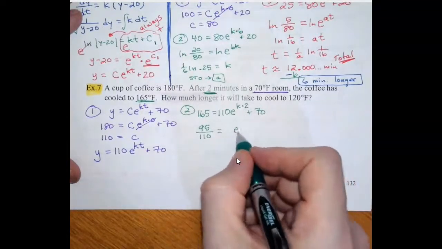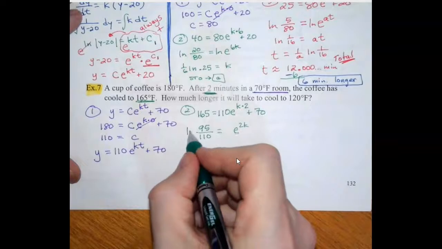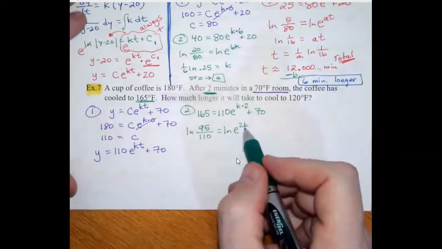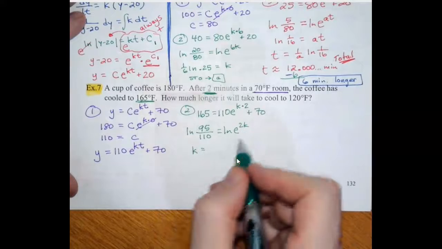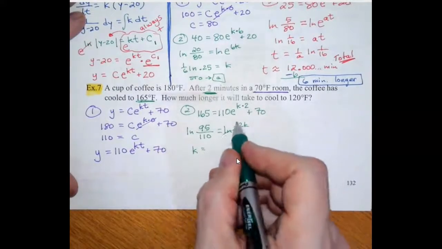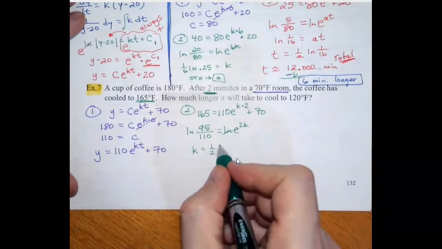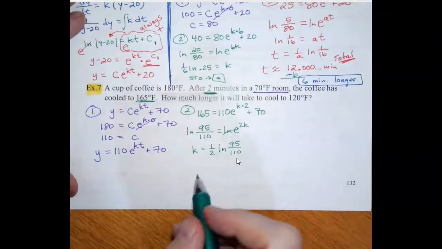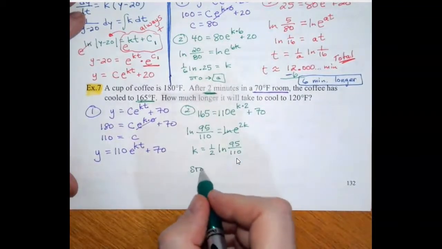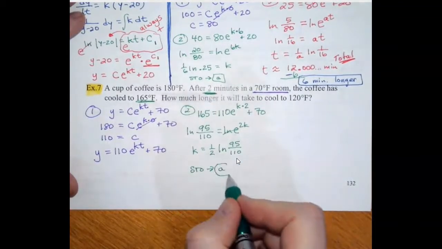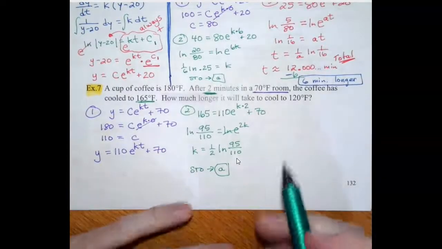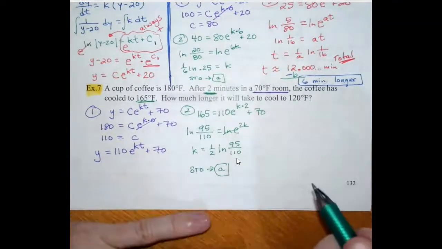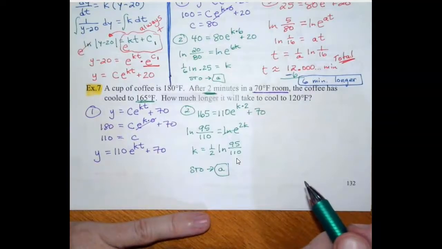And then we have e to the 2k, and we take the natural log of both sides, and so we end up with k equals, this is gone, multiply both sides by 1/2. So here's the exact value, and then we will type that into the calculator to get the decimal value to use. Okay. You never want to use a rounded off number until your final answer, not during your calculations.